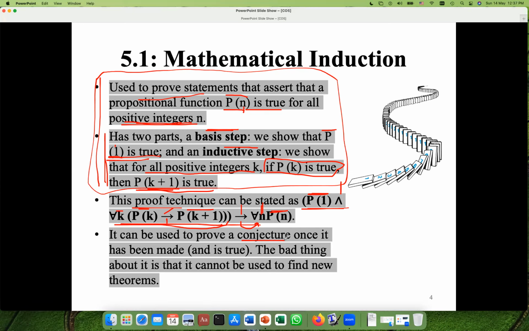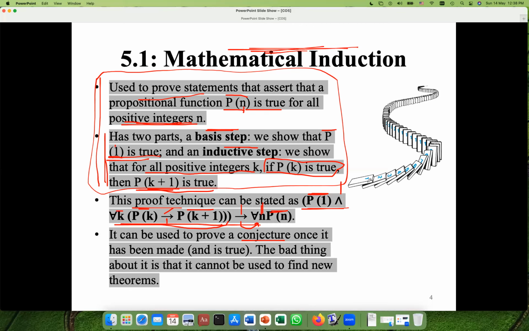For small conjectures, you can use mathematical induction to prove them. But for proving a theorem, you cannot use mathematical induction, because a theorem is a bigger thing. But for small things, you can use this mathematical induction.